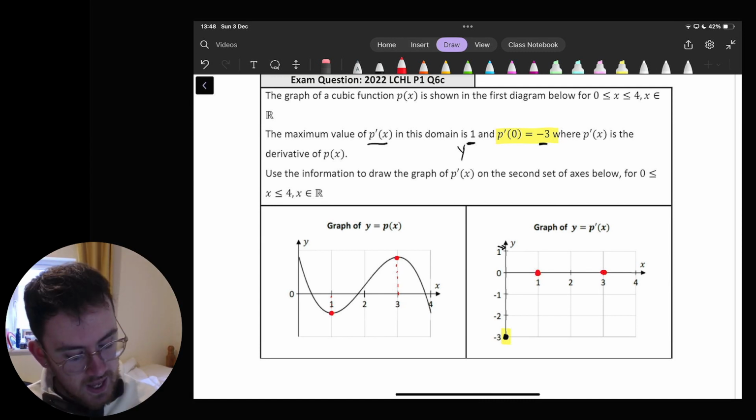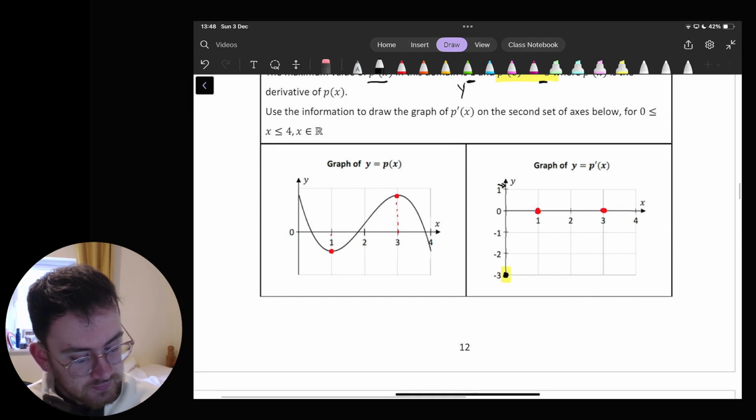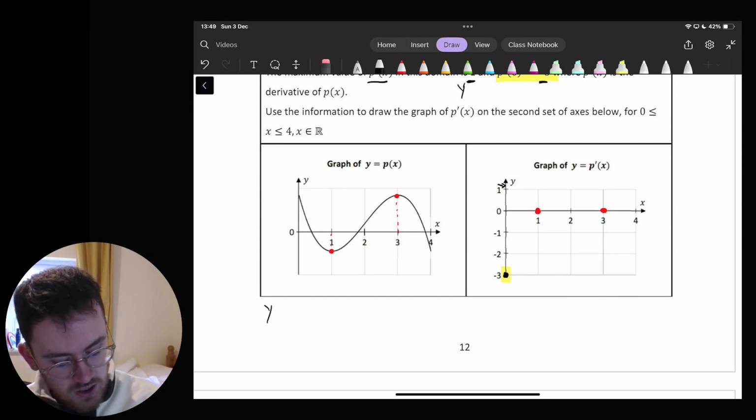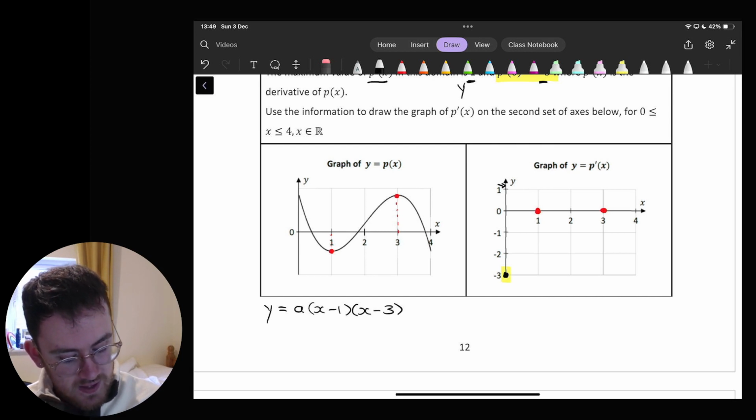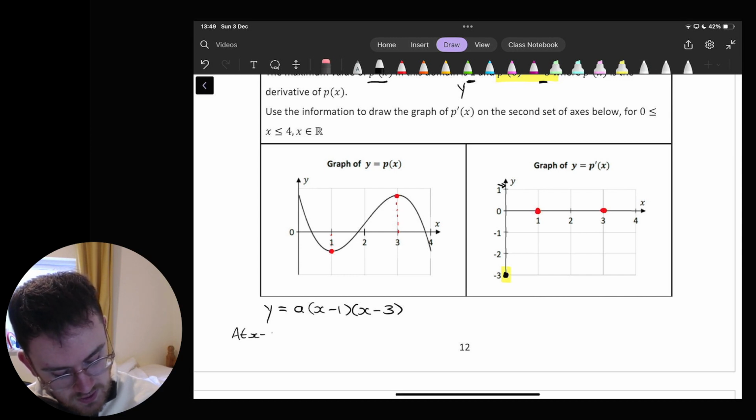So I could work out the exact function of my derived function. I know that this function has roots of 1 and 3, so it has factors x minus 1 and x minus 3. I'm putting in the a there as my constant factor. So I know that at x equals 0, y equals minus 3.